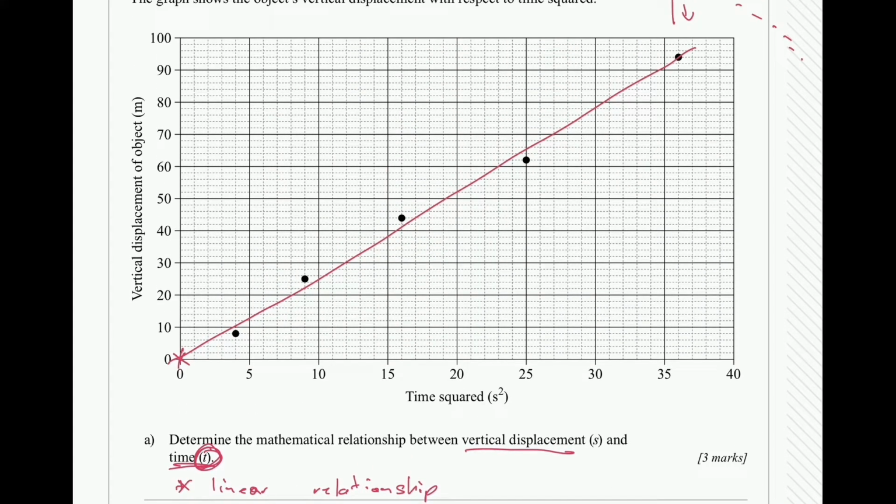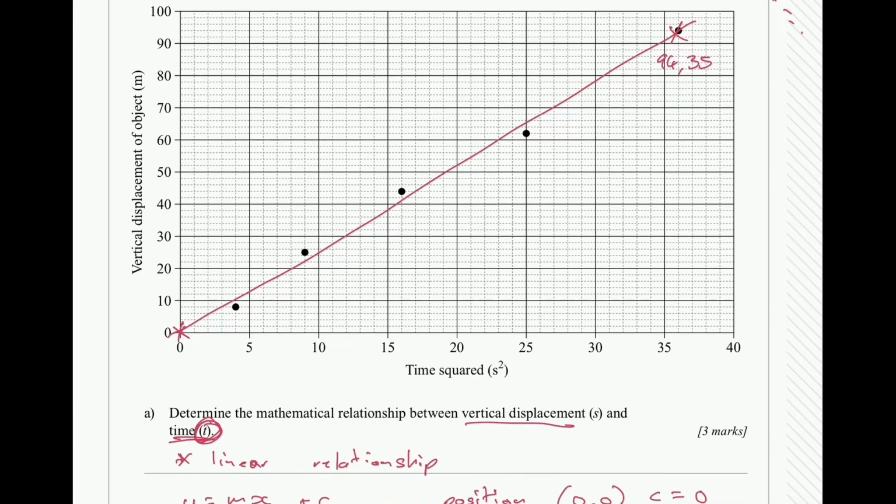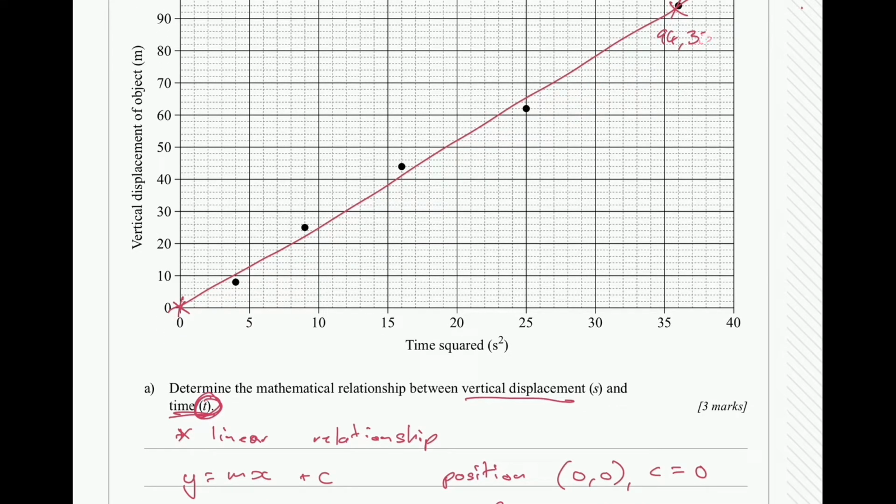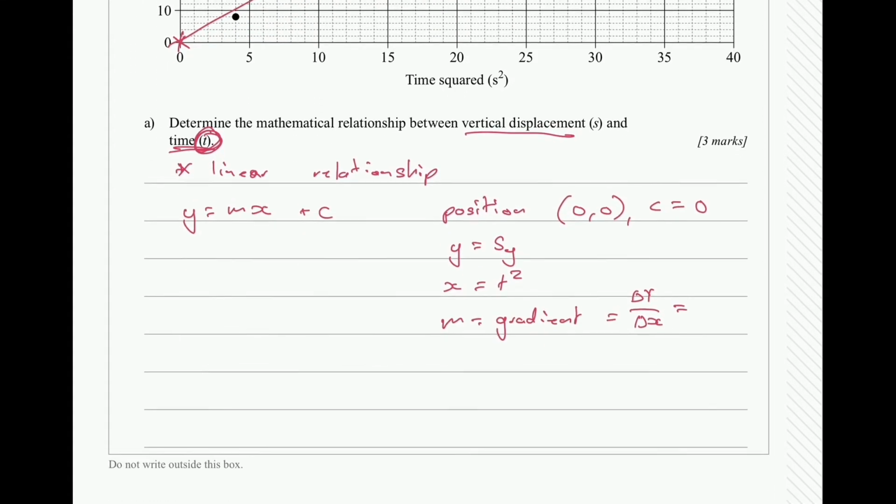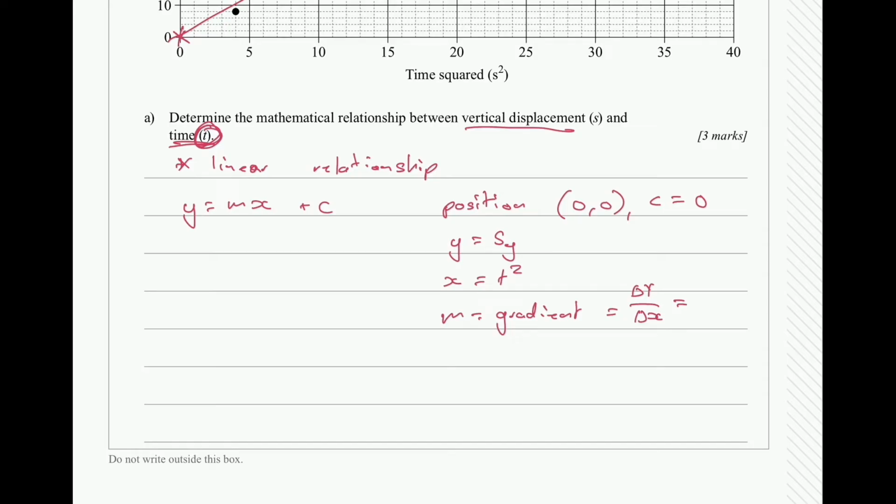And then I'm just going to use this position at the top here, which is going to be 94 meters at an x value of 36 seconds squared. So to write it out, it is going to be 94 minus 0 over 36 minus 0 equals 2.6.